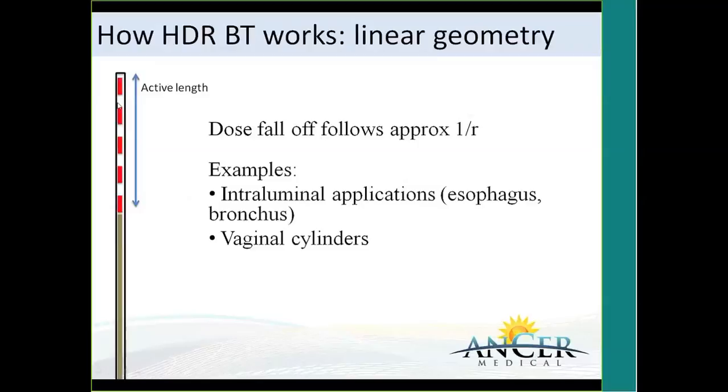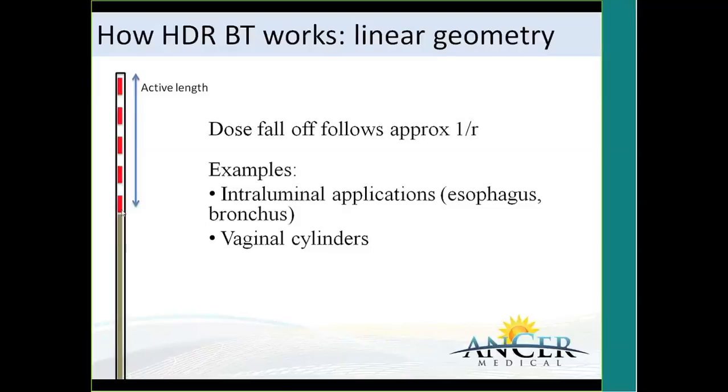This is a type of treatment that is used for intraluminal sites, like esophagus or bronchus. So if you're using the EAP, roughly your dose fall-off away from the applicator will be 1 over r. It's also used for vaginal cylinders.